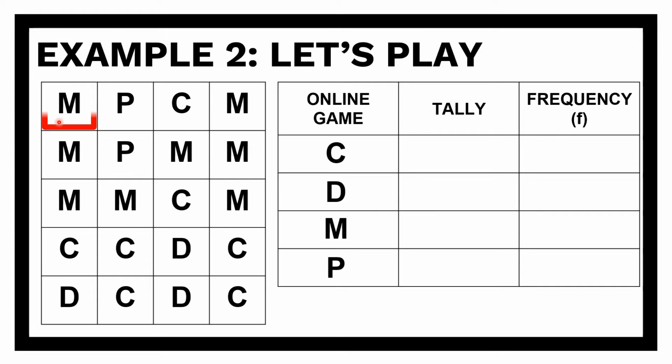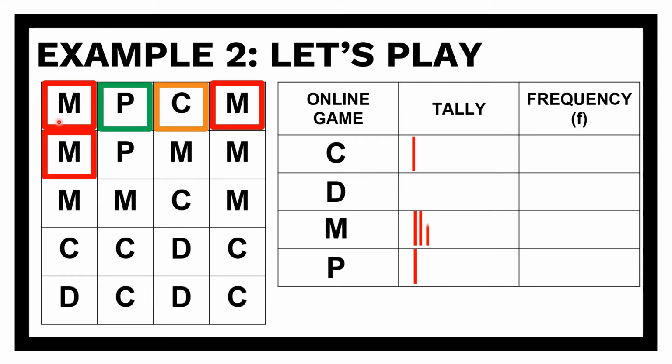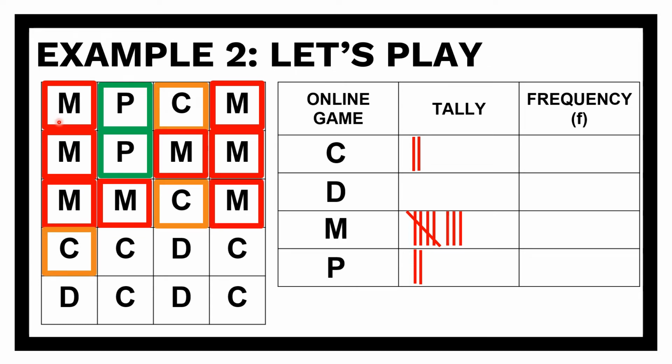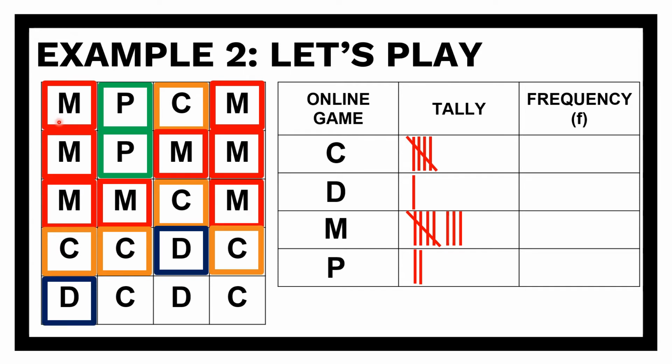So let us mark first letter M. So I'm going to write there one tally mark, followed by P, and then C, M again, and then P, M again, M, C, then M, C again, and then we have the first four letter D, then C, D, C, and then D, and lastly C. Okay, so we are now done with tallying.